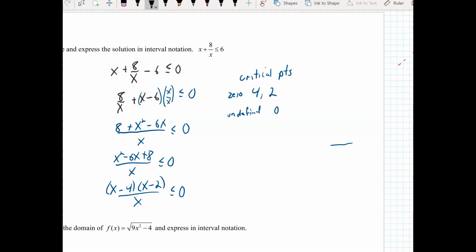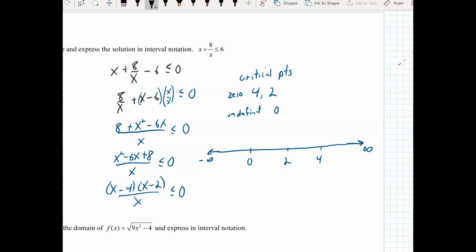So we can set up a number line, and we're going to plot these 3 points in order, so 0, 2, and 4. This is a number line continuing towards positive infinity and continuing this way towards negative infinity. So we're looking at a total of 4 intervals, and we have to examine each interval separately.